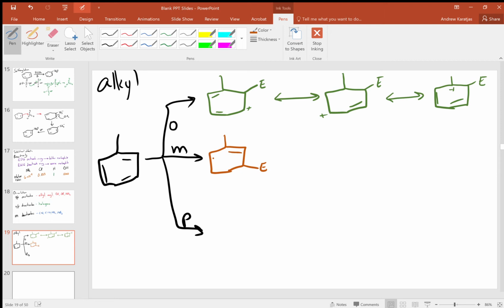For meta, we're going to get a slightly different set of resonance structures.